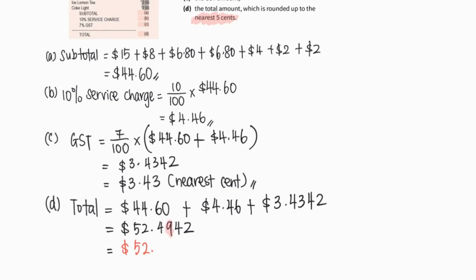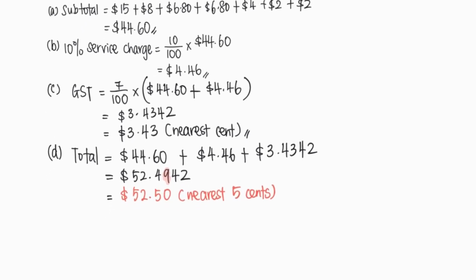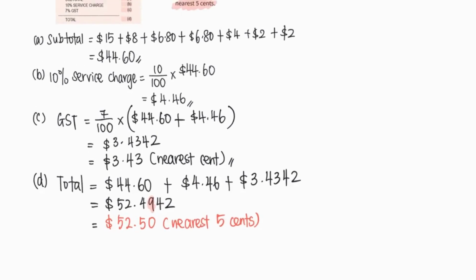This number is closer to 50 as opposed to 45. 5 cents, 45, 50. So this one will be 50, nearest 5 cents. And for those who are not very sure what I'm talking about, I'm going to explain it using a number line at the side here.